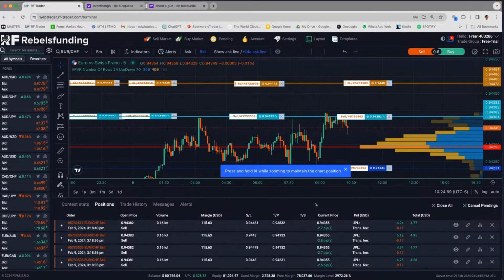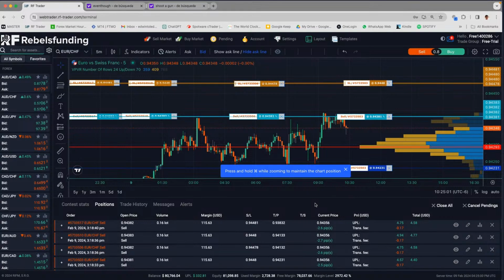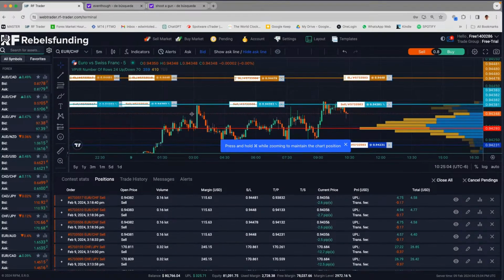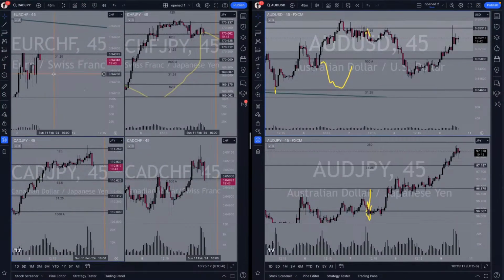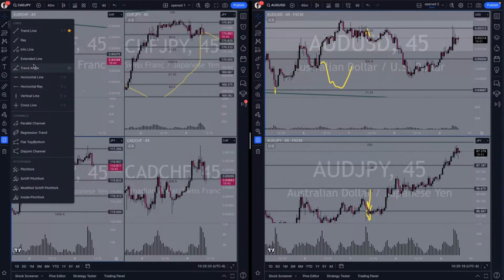But yeah, let's see if we can mark our stop loss in each pair. So, CHF says our stop loss is at this place. So let's go here to CHF and let's mark where our stop loss is at.